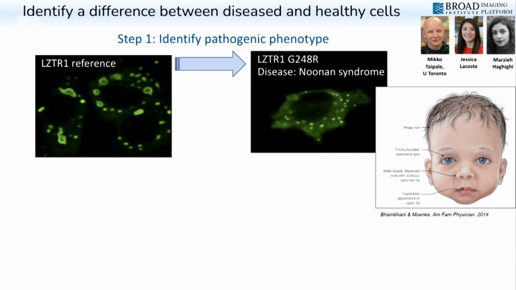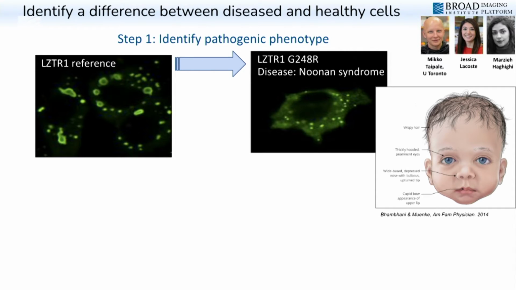And then she would make the same exact protein, but with the one mutation that's known to cause a human disorder, in this case, Noonan syndrome. You can see there's basically three black oval holes here that are the nuclei, and whatever this protein is doing, it's located in these funny blob shapes a little outside the nucleus. But when the mutation is present, you still see the nucleus in the middle, or the absence of staining in the middle.